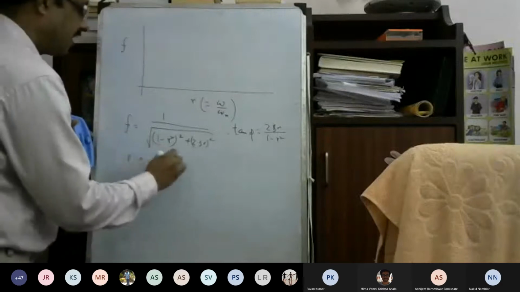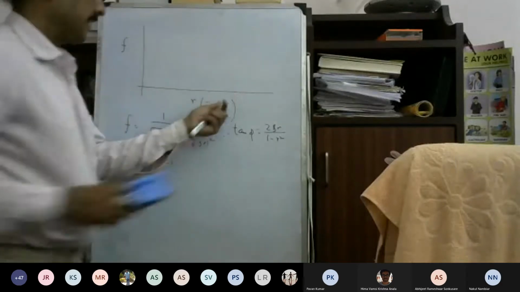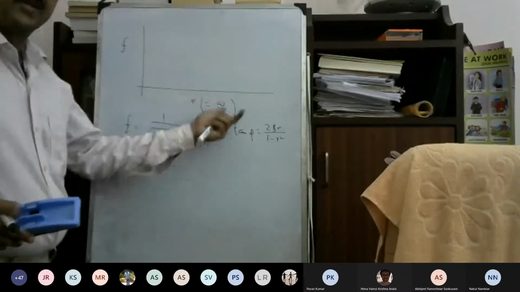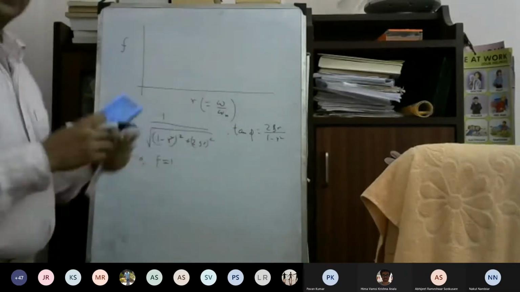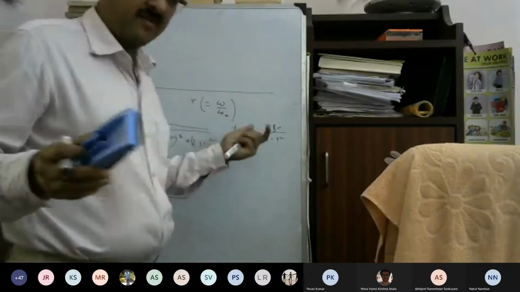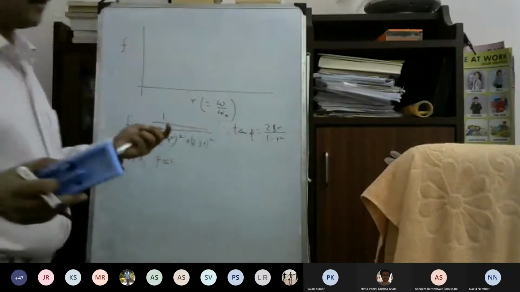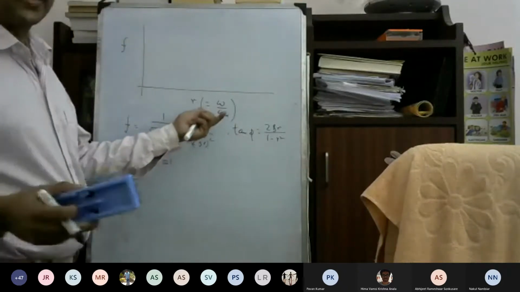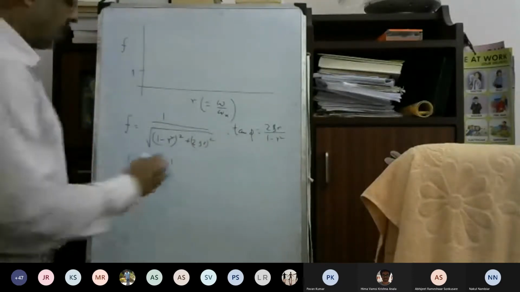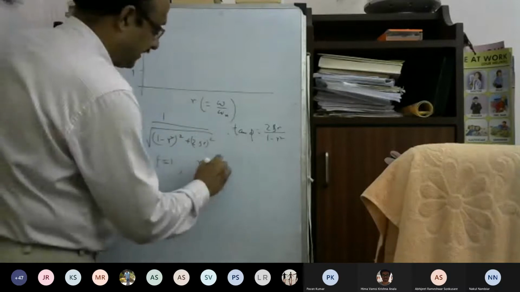That is obvious because r is 0 means omega is 0, and that means the frequency is 0. That means the time period of the forcing is infinite. That means it is a static force. So it starts from 1, and then we look at r tending to infinity.